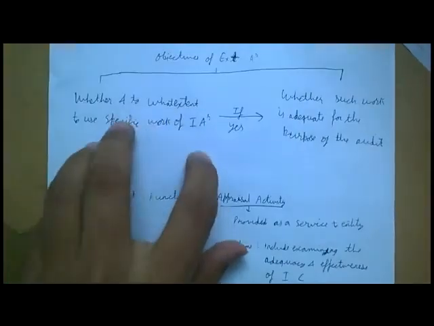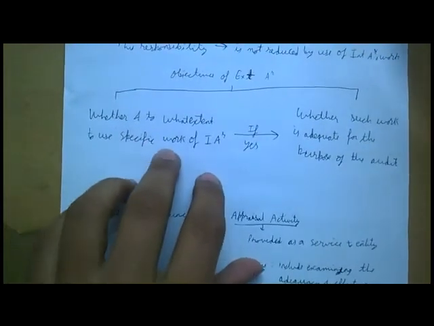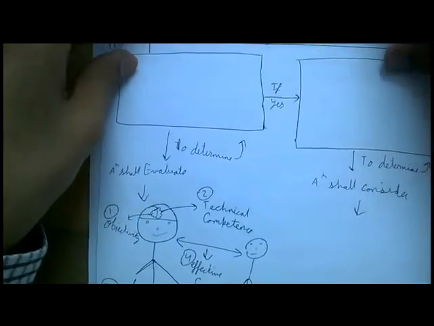One of the objectives. Whether and to what extent to use. The second, we'll be discussing about this specific work. As of now, we are concerned with whether and to what extent to use the work of the internal auditor.